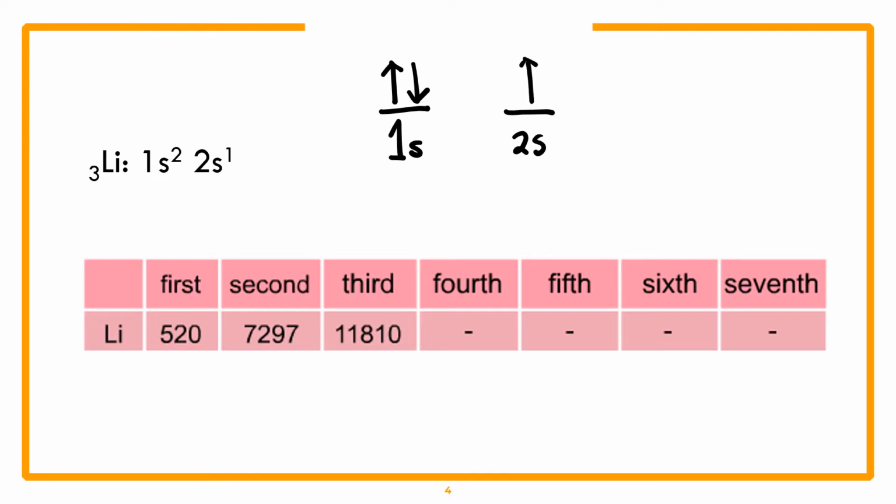Okay, so bila kita nak buat ionization process, apa dia ionization energy ni? Ionization energy adalah energy required to remove the first electron in certain element. Okay, so bermaksud di sini, bila kita nak buang the first electron dalam this lithium, which electron yang kita akan buang dahulu? Of course, kita akan remove this electron.